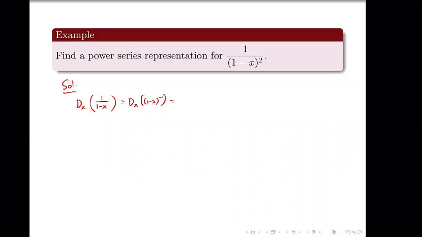This will just be negative 1 times 1 minus x raised to negative 2. By chain rule, multiply this by negative 1. So this is just equal to 1 over 1 minus x quantity squared. Correct?